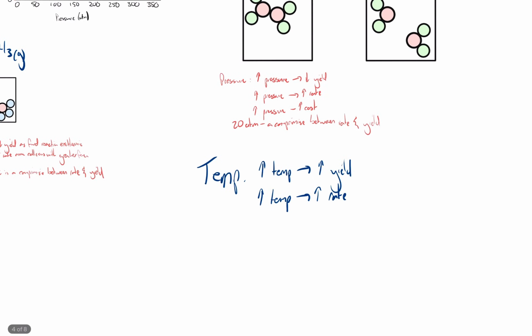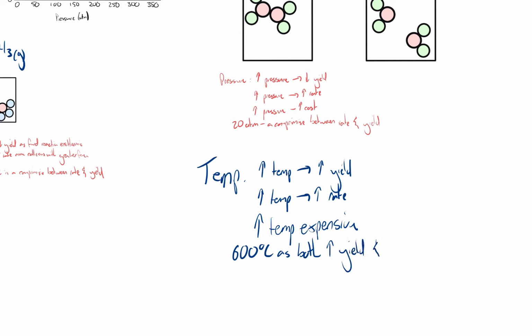But we also know a high temp is expensive. So, you know, maybe we're not going to heat to 1,000,000 degrees centigrade, but maybe we use 600 degrees centigrade as both high yield and rates, but a compromise considering cost.